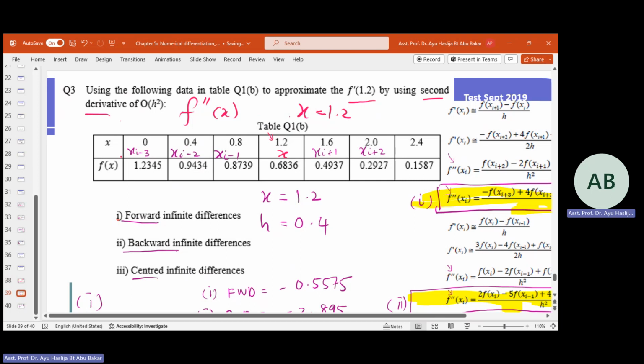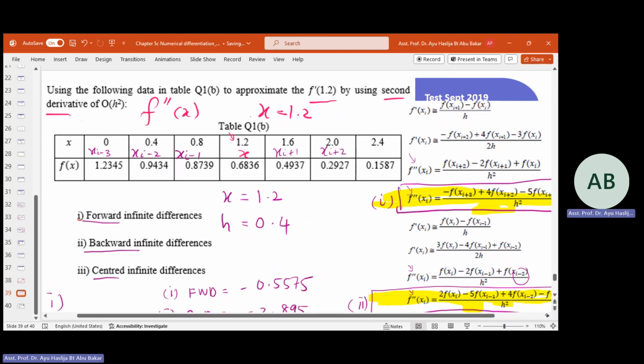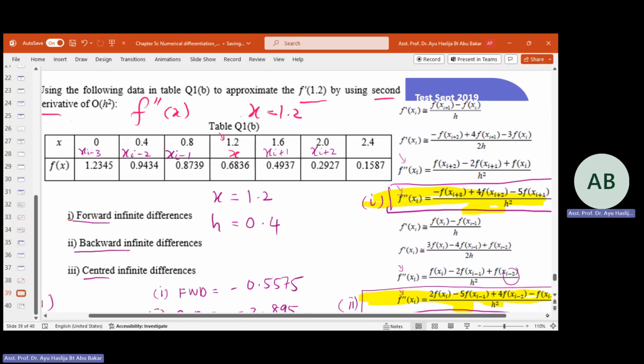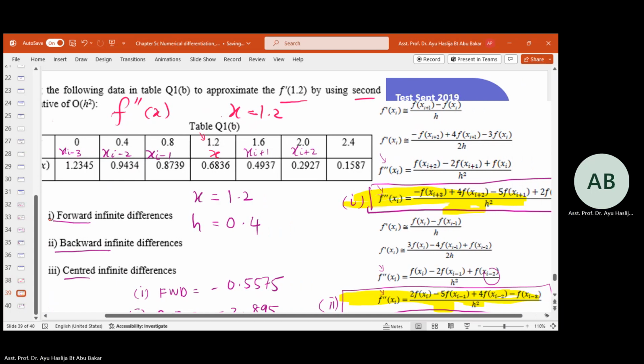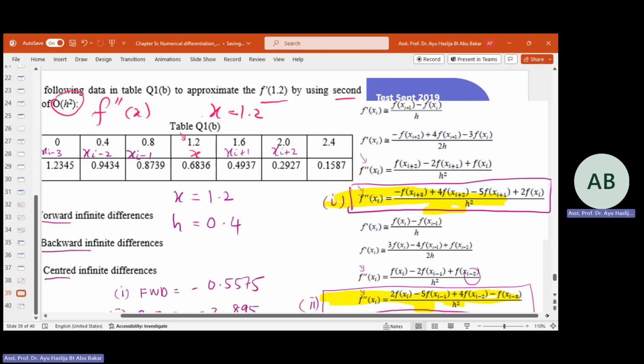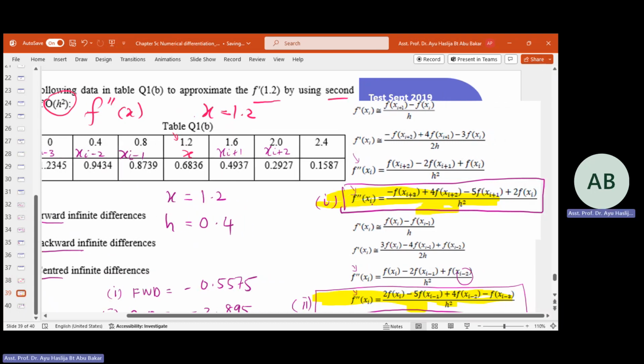Second derivative, so we look for the f double prime equation at O(h^2). Okay, so these are the equations involved. This one is for forward.